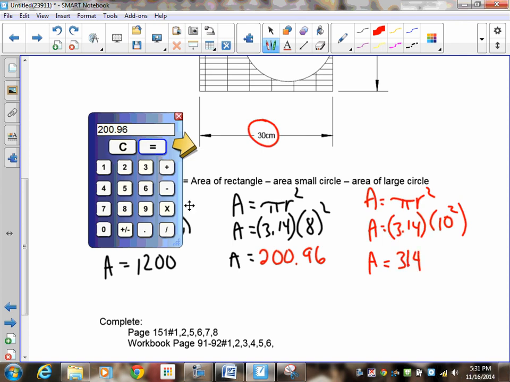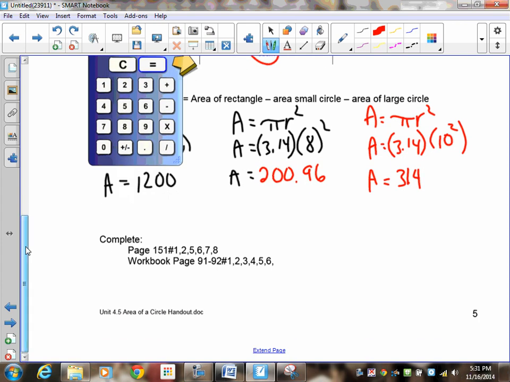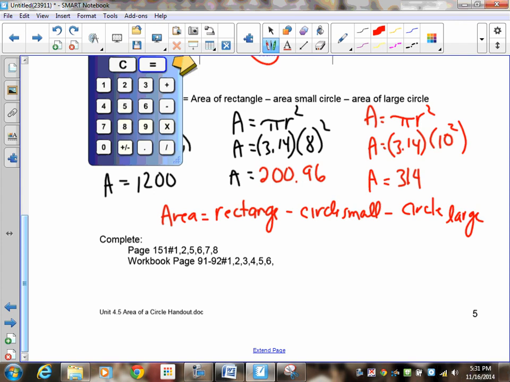314. So to find the area of the crosshatch, okay, I need to take the rectangle, subtract the area of circle 1, the small one, and also take away the area of the large one. So what does this look like in terms of numbers? Well, you have your area is equal to 1200 minus 200.96. Also take away 314.